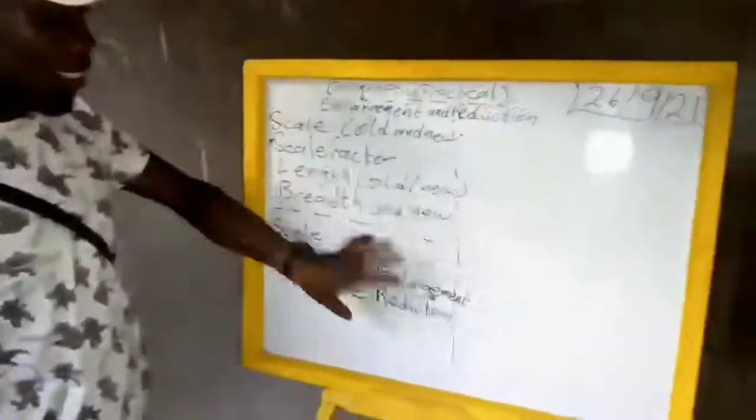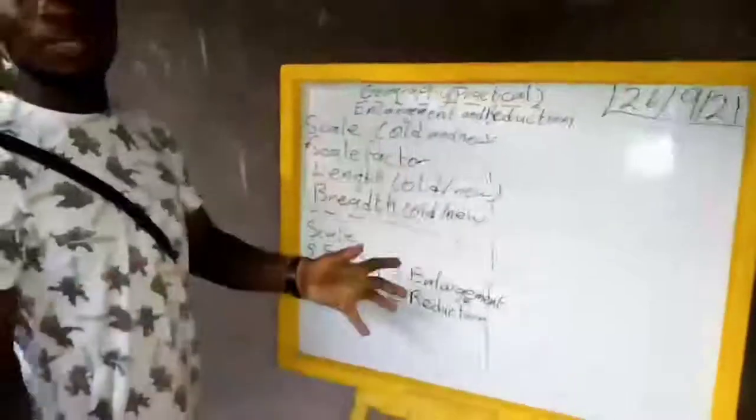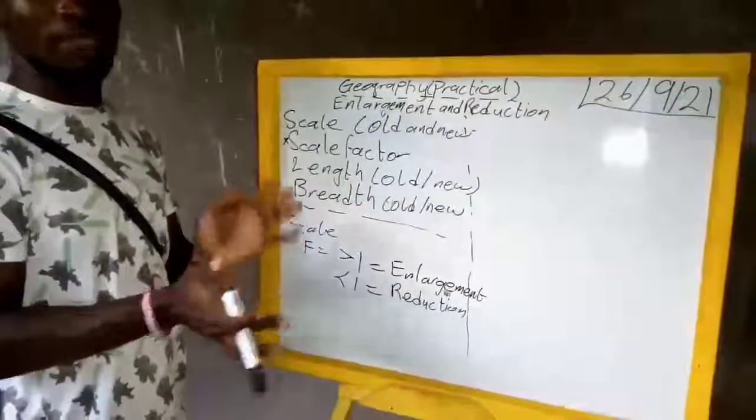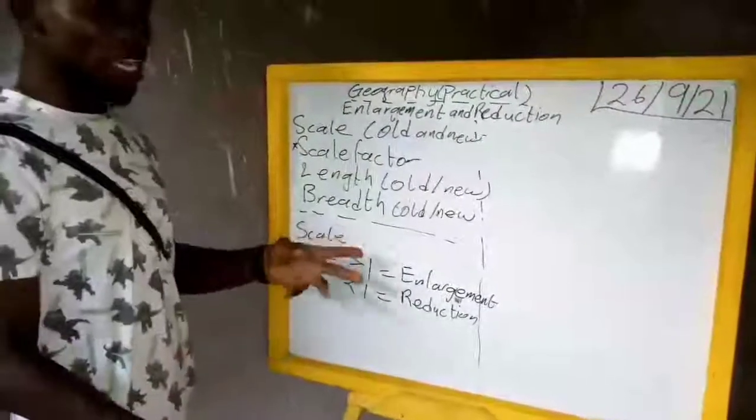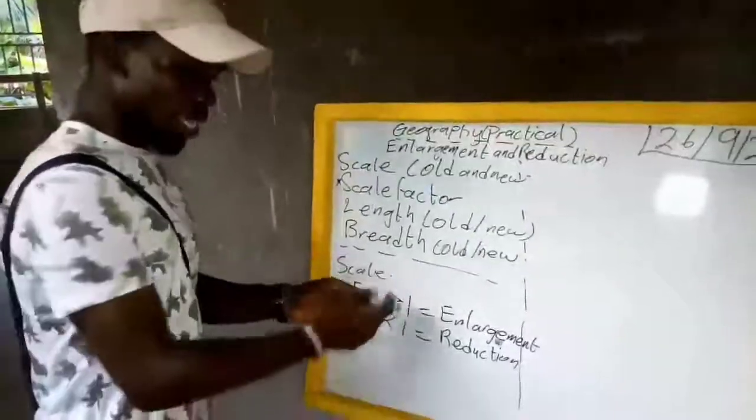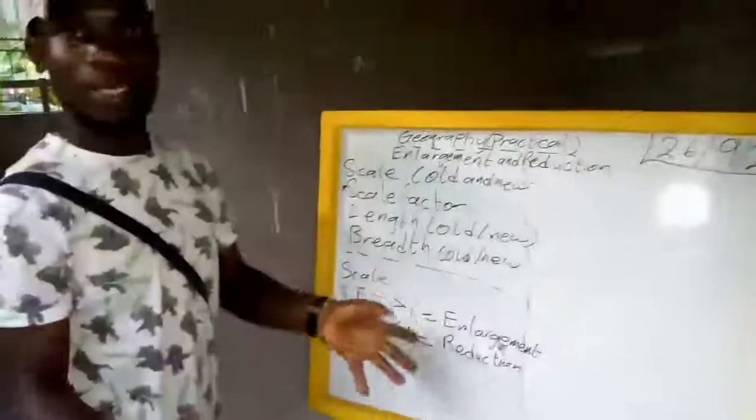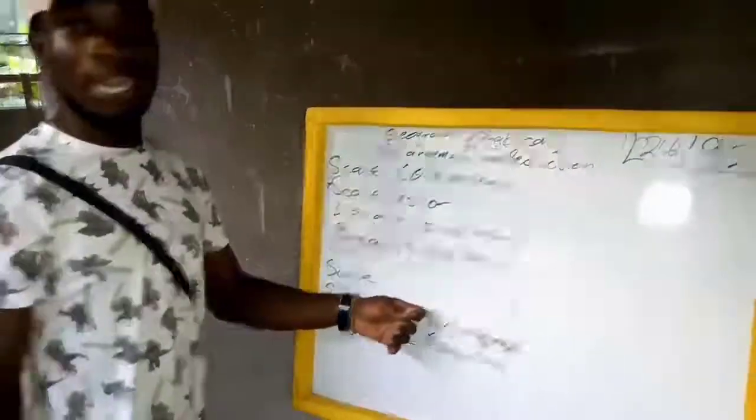If the question doesn't state it, and they give you a scale factor greater than 1 to draw a new outline map, you should know you are going to enlarge the map.